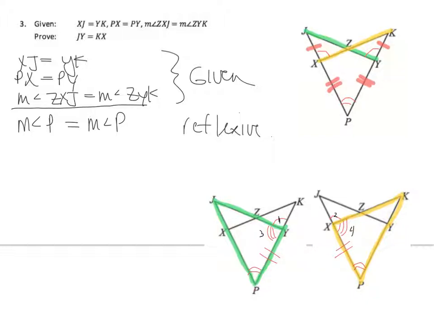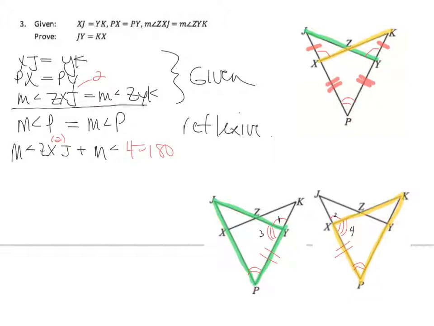Now let's go ahead and say that the measure of angle ZXJ, that's 2, plus the measure of angle 4 equals 180.